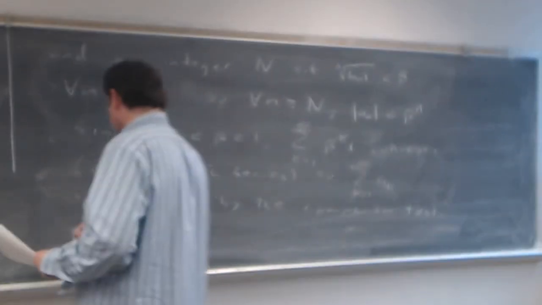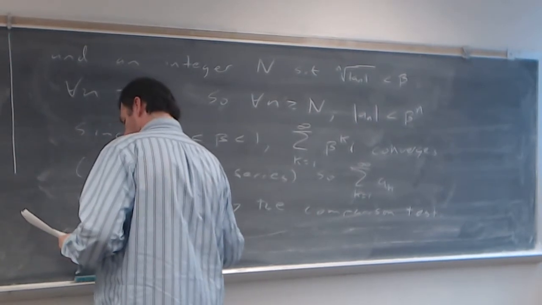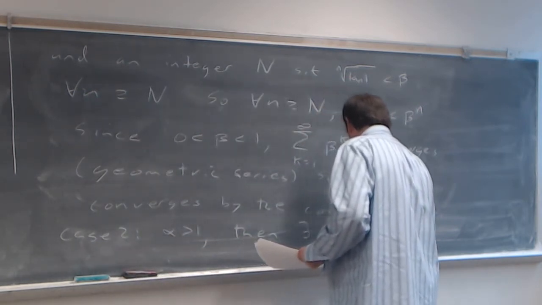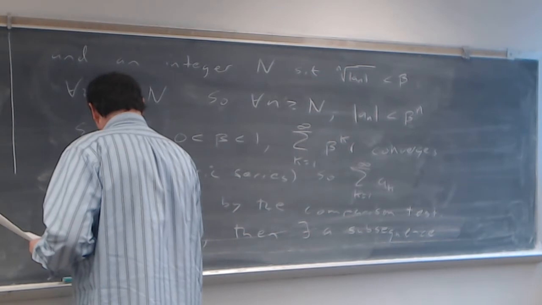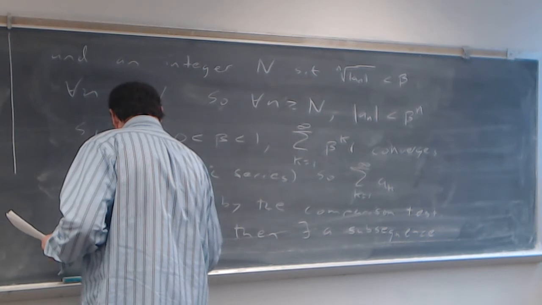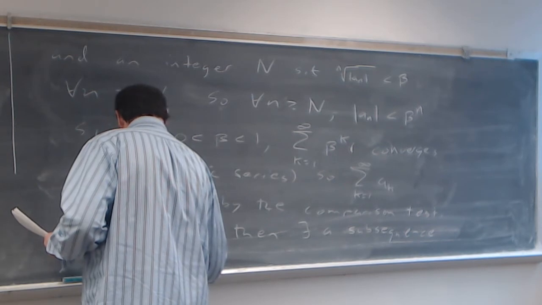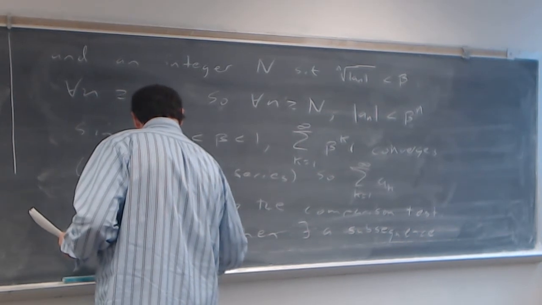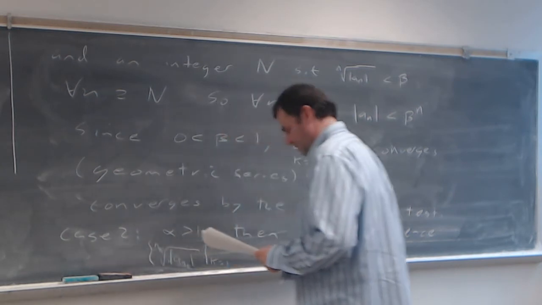Now case 2, that's if alpha is greater than 1, then there exists a subsequence of our sequence. So here I'm going to call that subsequence the n sub k root of the absolute value of a sub n sub k, since k runs from 1 to infinity. So that's our subsequence.